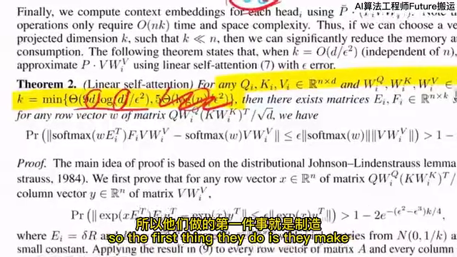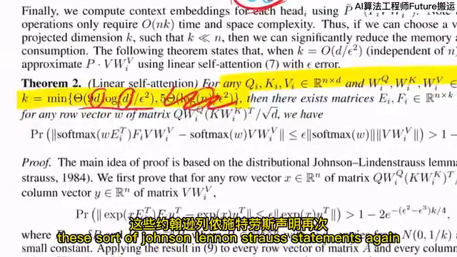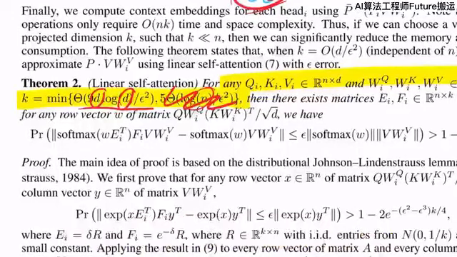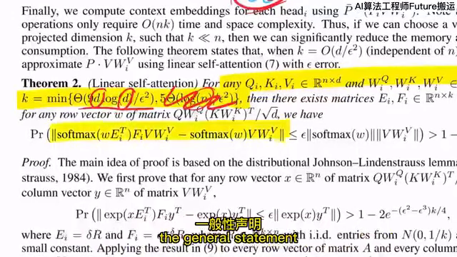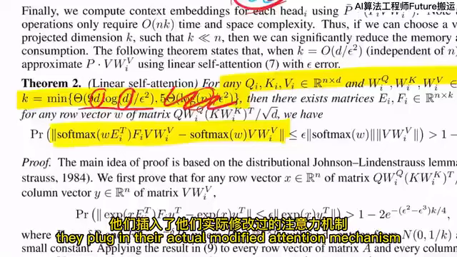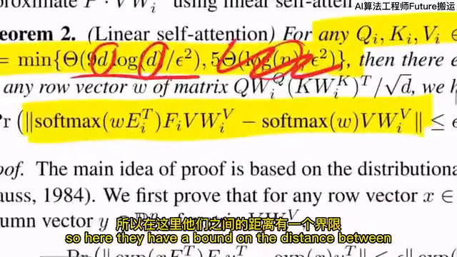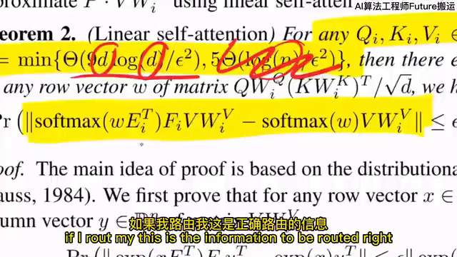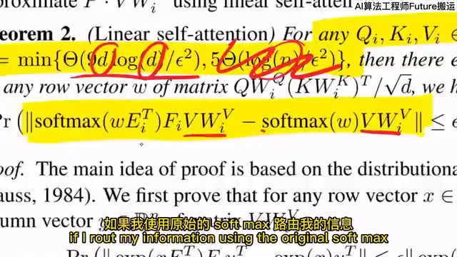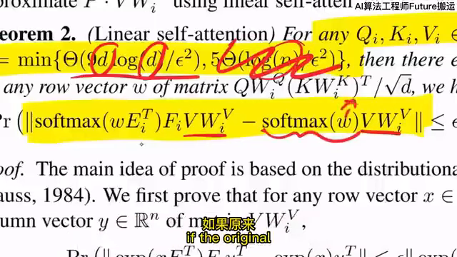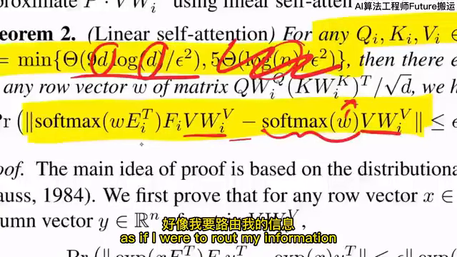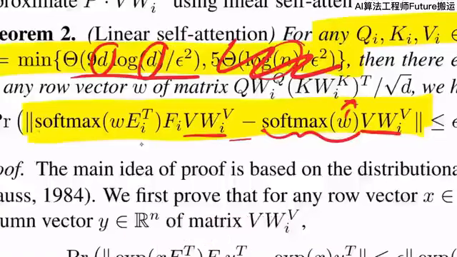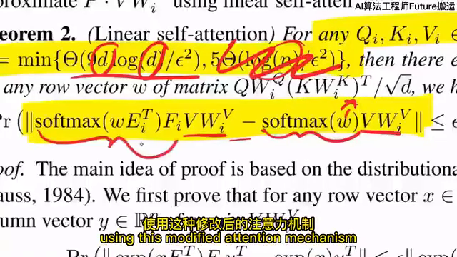So the first thing they do is they make these Johnson-Lindenstrauss statements again. But now instead of the general statement, they plug in their actual modified attention mechanism. So here they have a bound on the distance: if I route my information using the original softmax attention mechanism, with this matrix A in here, I won't be too far away from if I were to route my information using this modified attention mechanism.